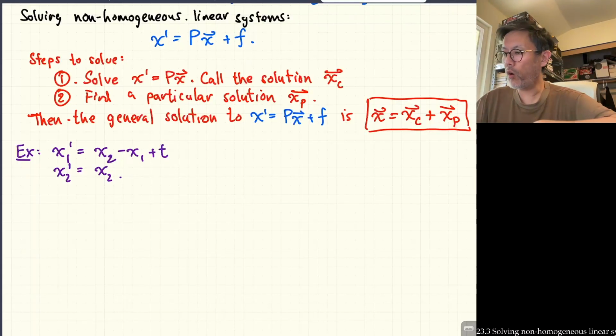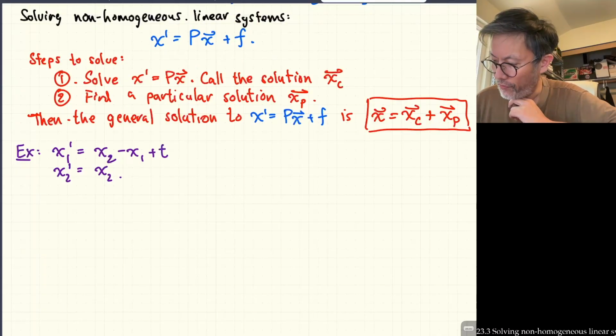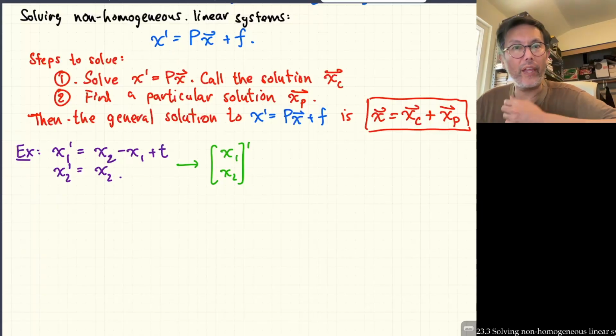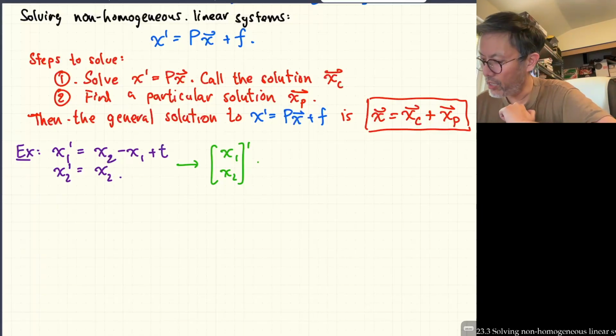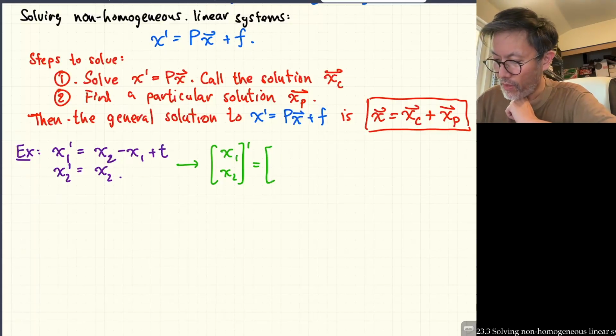So if I want to write it in this form, how do I do that? I'll write it in the sort of matrix notation. This becomes the vector x1, x2, and then we're going to take the derivative of that, is equal to, now what's the matrix going to be? x1 prime is equal to negative x1 plus x2.